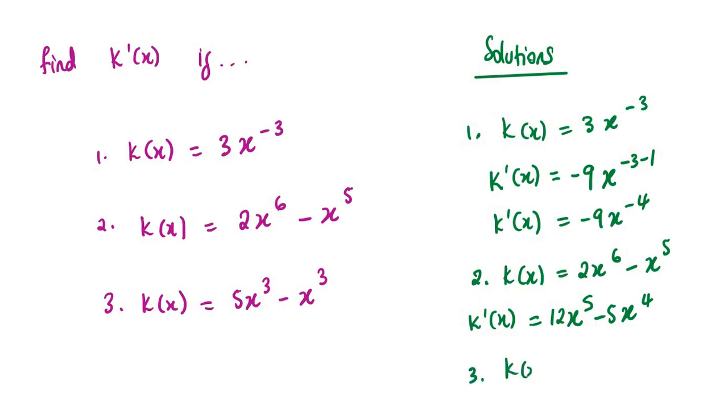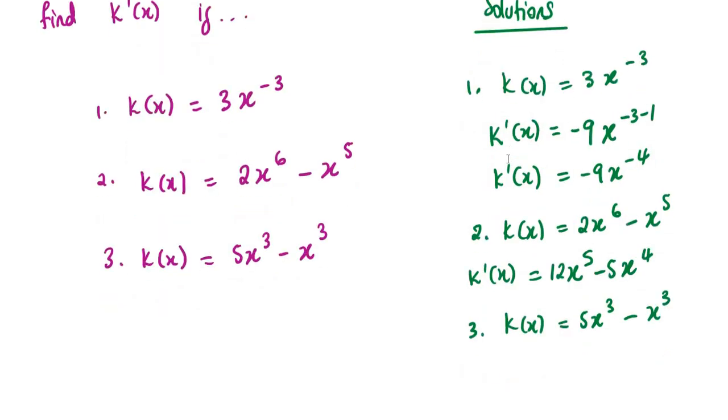Number 3, I have k of x is equal to 5x cubed and then minus x cubed. Now, to get the answer there, simply we do the similar thing. You are going to say this coefficient is 5, and then the exponent is 3. So you're going to say 5 multiplied by 3. 5, 10, 15. But do you see what I forgot to write?